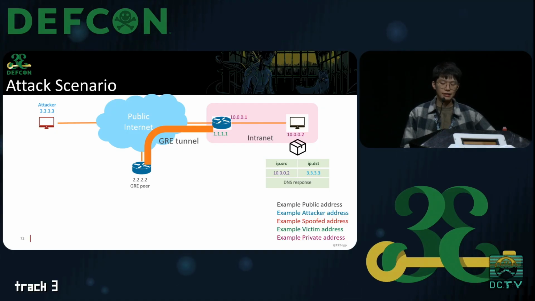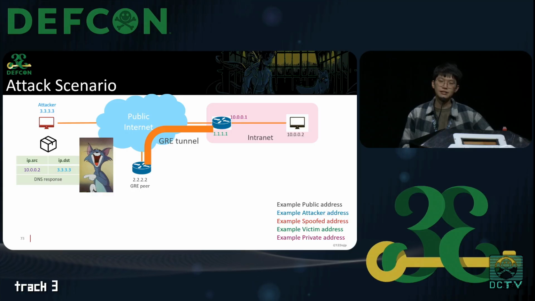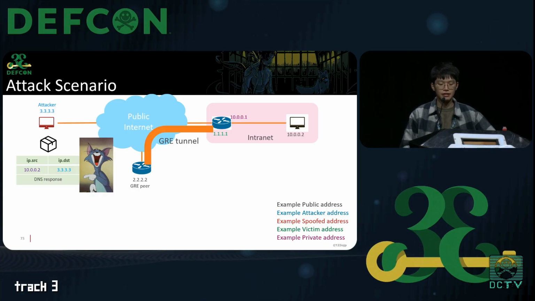Then, when the internal DNS server receives the DNS packet, it will respond and send the reply through the public internet to the attacker server. Thus, the attacker can interact with services on the victim intranet, including those using the TCP protocol.